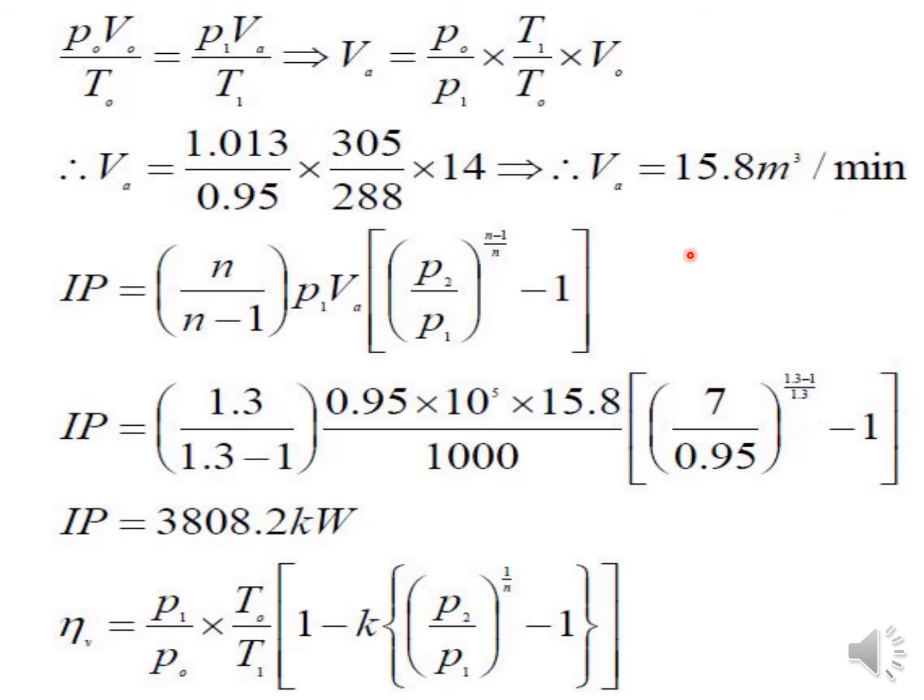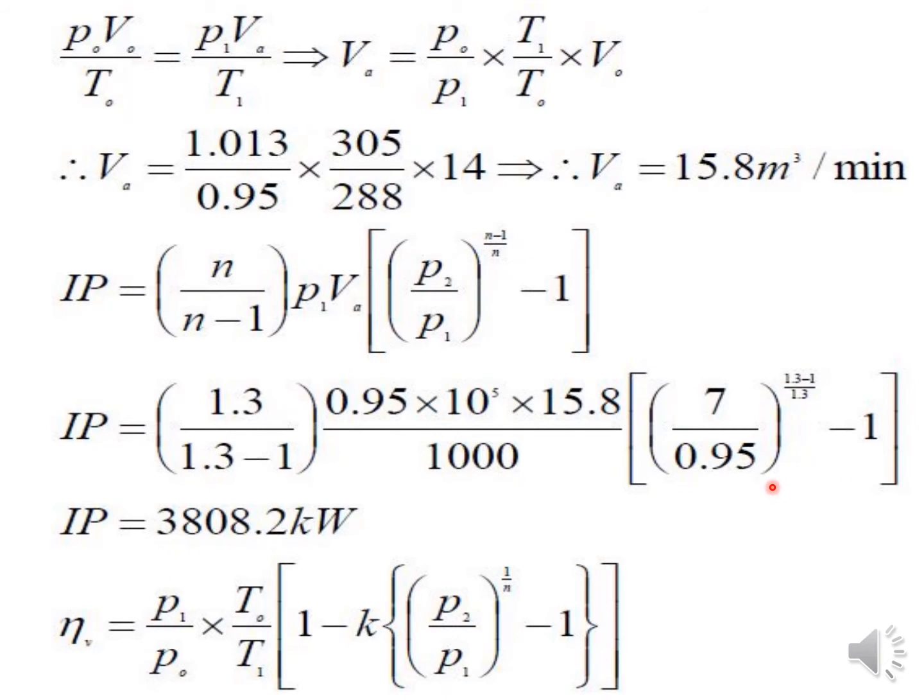So IP, indicated power formula, we already know: N divided by N minus 1, P1 VA, into (P2 by P1) raised to N minus 1 by N, minus 1. So this is the indicated power formula. Substitute the N value here, the P1 value here, and VA is calculated here. Rest all pressures are given.